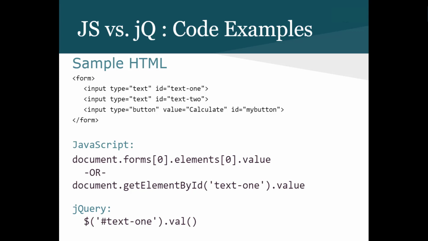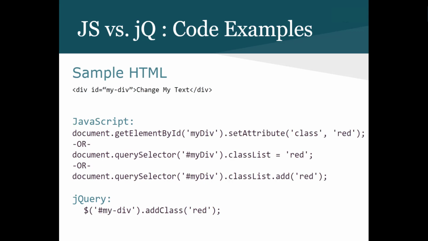Remember, we also have querySelector and querySelectorAll that allow us to utilize CSS style selectors like jQuery does. In the vanilla JavaScript lines of code, you can see that we are accessing the element's value property, and in the jQuery code, we are utilizing the .val method to do the same thing.